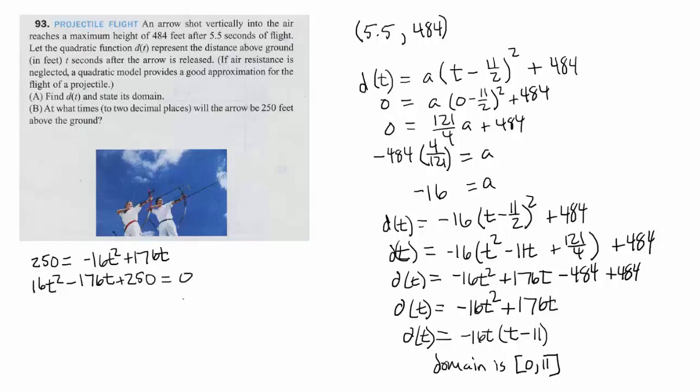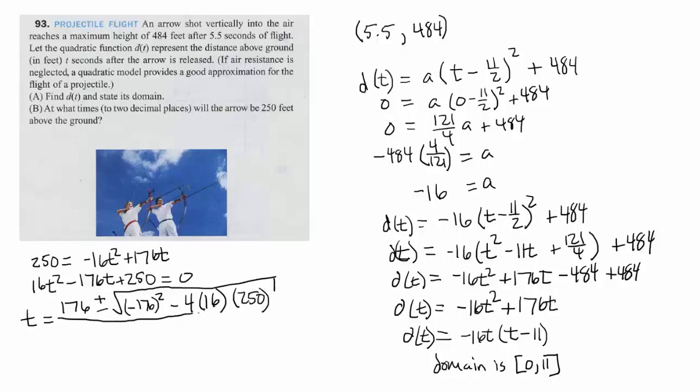And now in order to solve for t, I'm going to use the quadratic formula. So t is equal to negative b, or 176, plus or minus the square root of negative 176 squared minus 4 times a, which is 16, times c, which is 250, all divided by 2a, or 2 times 16.